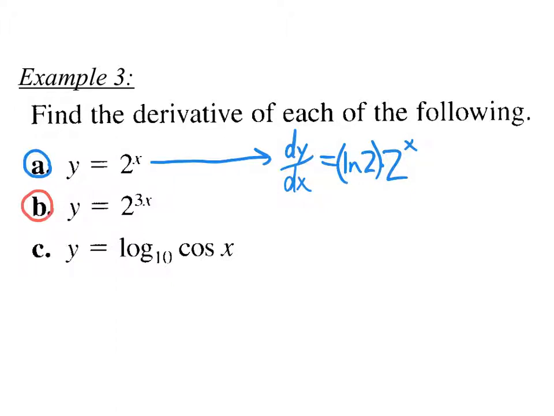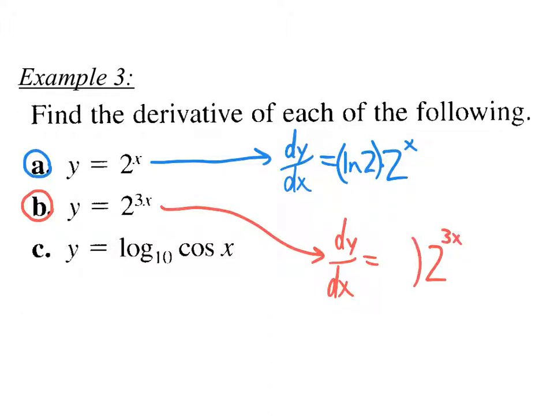For part B, notice this is 2 to the u power now. It's not just 2 to the x. So here, dy/dx, I write it down identical to how it is, 2 to the 3x.